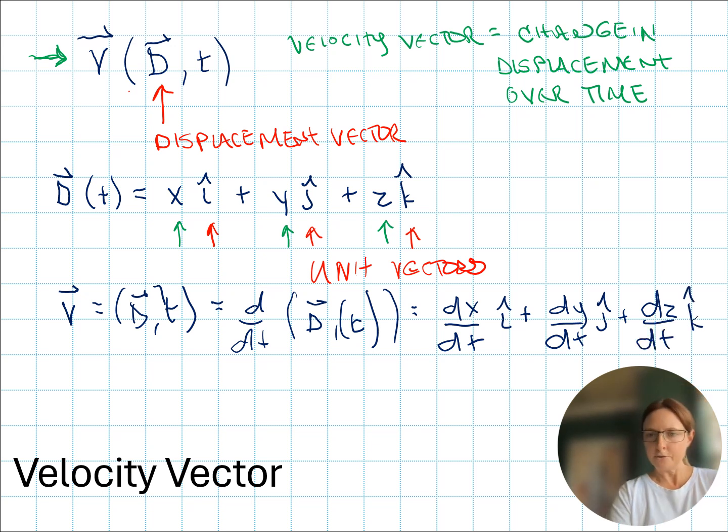Right, so I've just got each component of my displacement vector, x, y, and z, and I've taken the first derivative of each of those components with respect to time, yielding dx/dt, dy/dt, and dz/dt, and then each one is multiplied by our unit vector, i, j, and k.